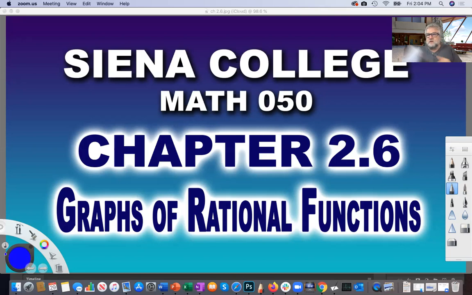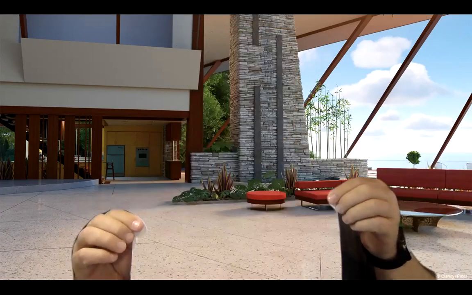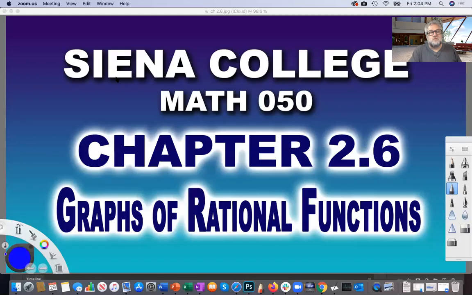I printed this up, and it's easy to find the graphical transformations. So if you want to find those, just go get them.